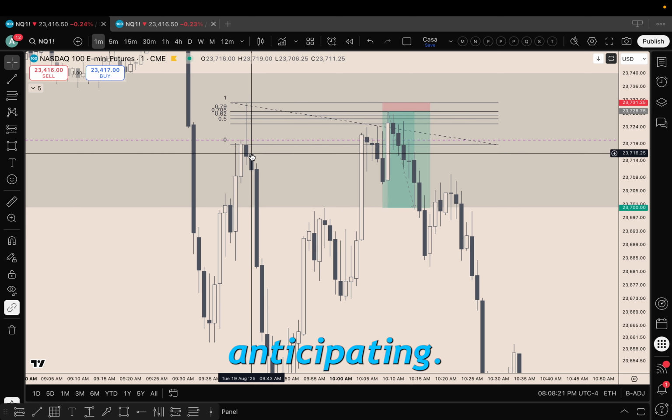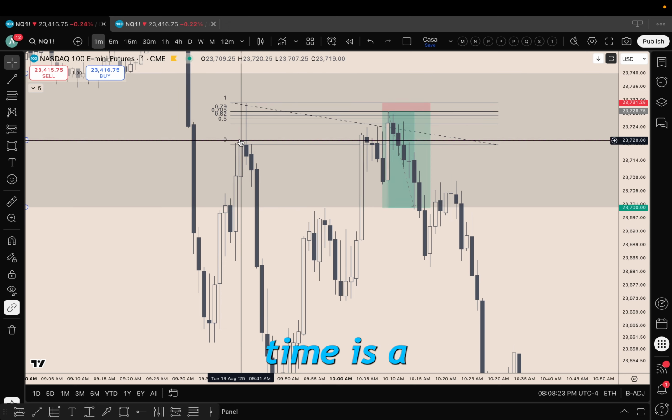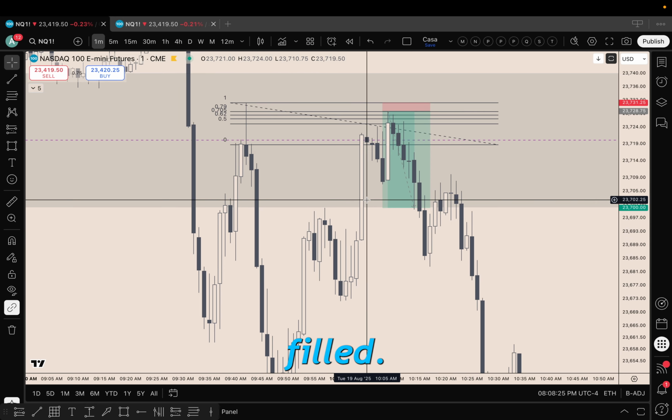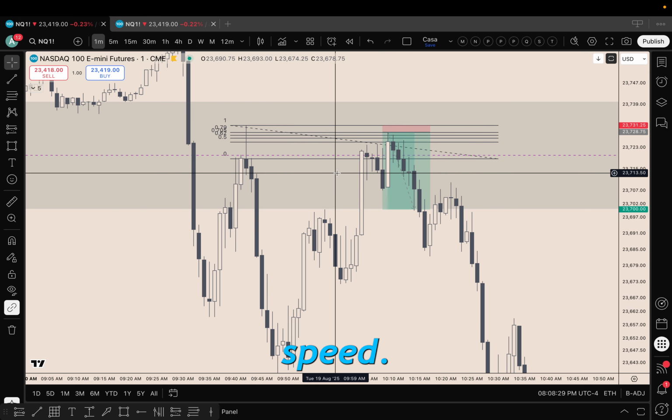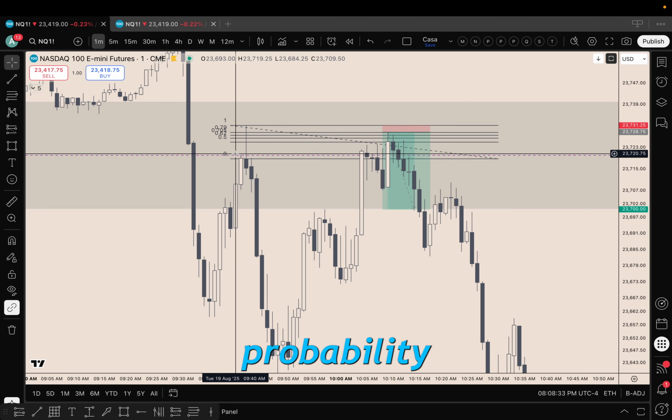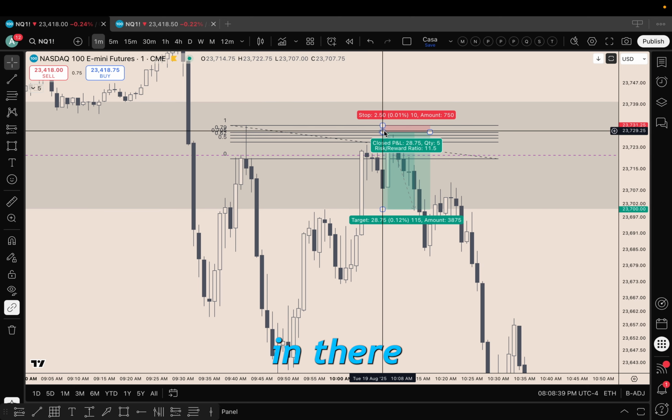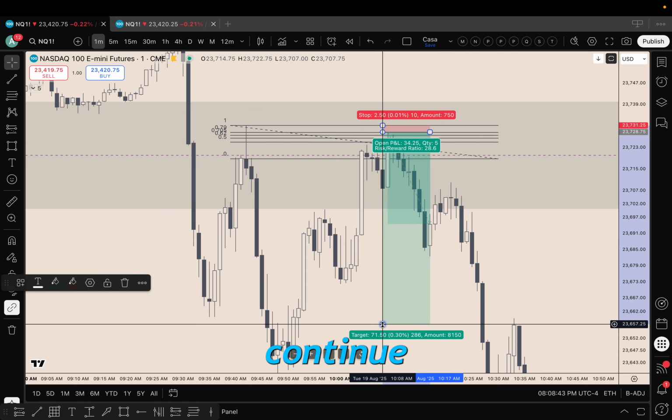But what are you anticipating? Speed. Every single time there's a breakaway gap, that gap is going to get filled. However, you're anticipating speed, but it's still not the highest probability setup, because price will, during the right time, spool back up in there, give that discount pricing, and now price is free to continue lower.